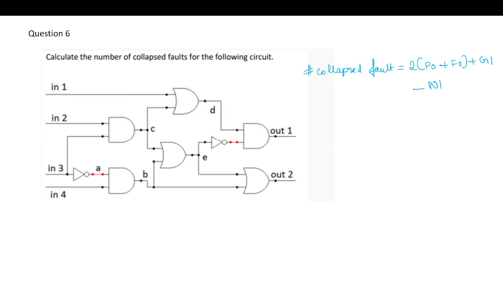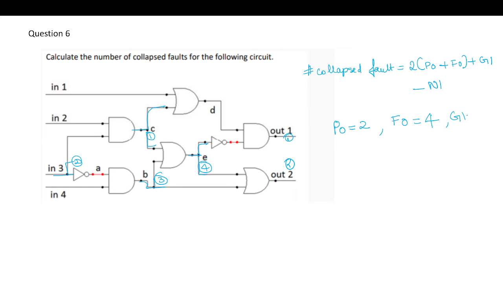So for this circuit, what is the primary output count? 1 and 2. Two primary outputs. What are the fan out branches? This is one fan out branch, this is another, this is the third, and again a fan out branch. So total 4 fan out branches.